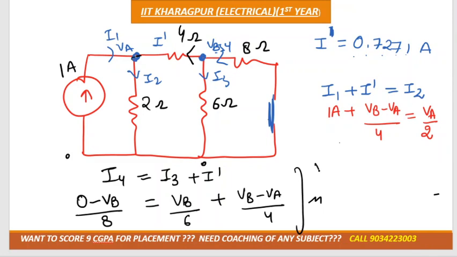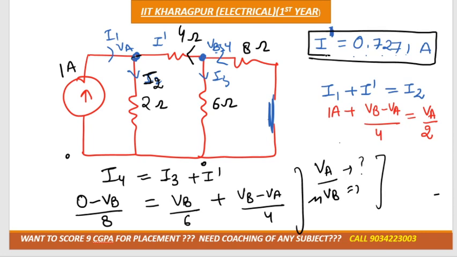So now you can solve it. Now after solving, we'll get the value for I dash. Clear? Tell me.